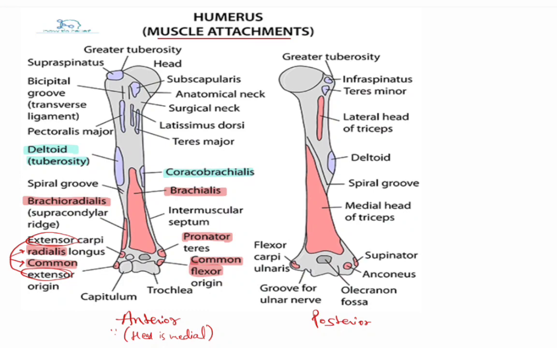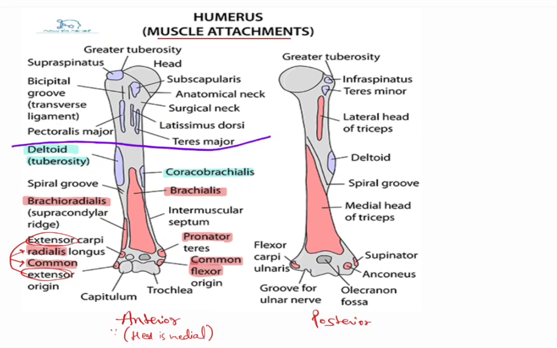Now moving ahead, we will discuss some important muscle attachments of the upper end. Learning it as a trick, we will memorize how these are having their insertions.